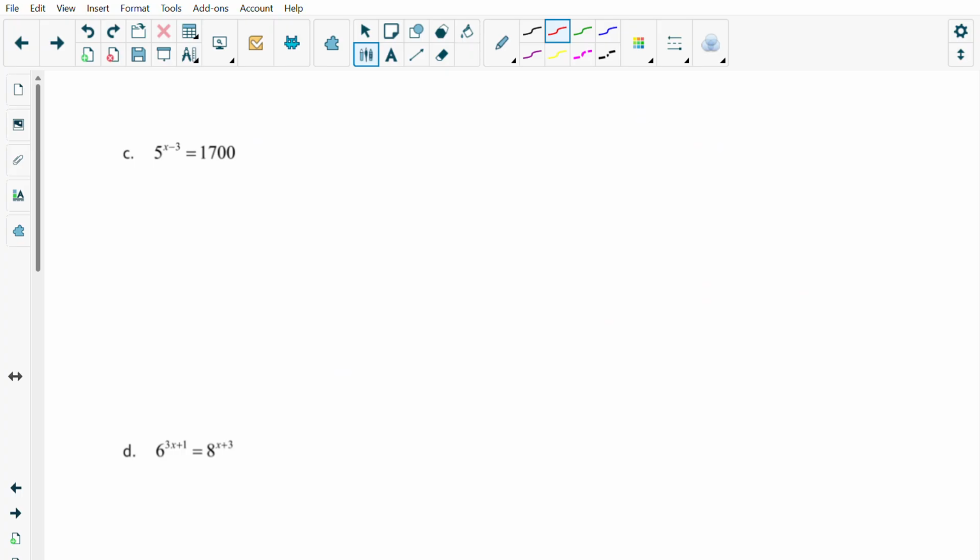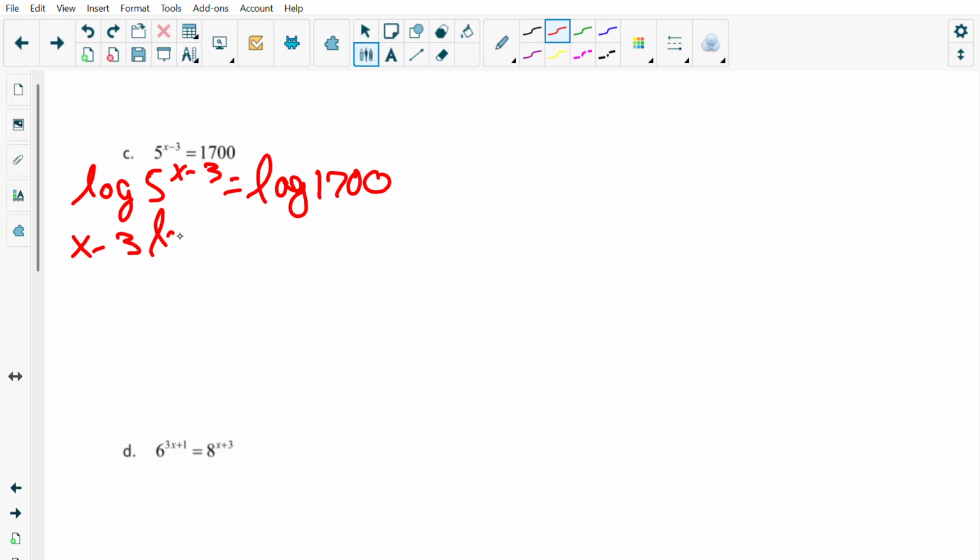5 to the x minus 3 equals 1,700. So this one, we'll have to take the common log of both sides. Power law.